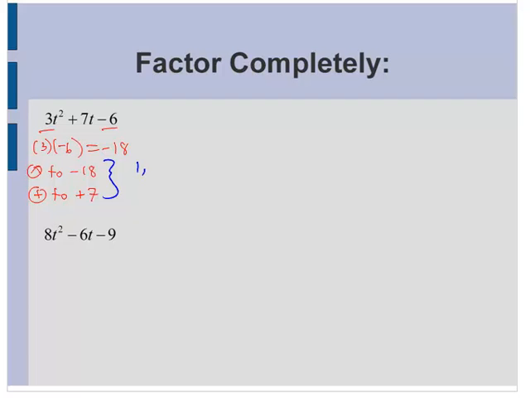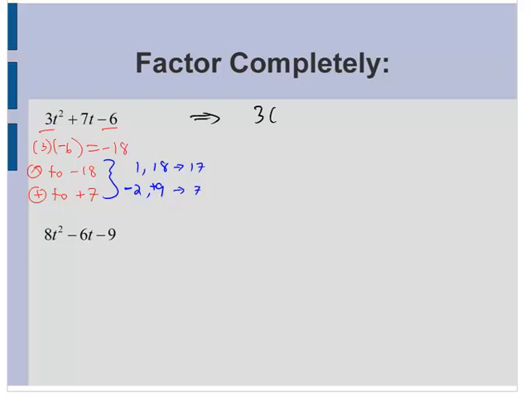Alright, so I have 1 and 18, or 2 and 9. Different signs, I'd take a difference. 1 and 18 have a difference of 17. 2 and 9 have a difference of 7. That's the pair that I want. Now, get the signs right. I'll take a -2 and a +9 to get a +7.